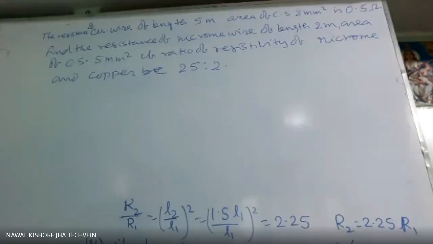Sir, please read the first line. Yes, the resistance of copper wire of length 5 meter, area of cross section 2 millimeter square is 0.5.